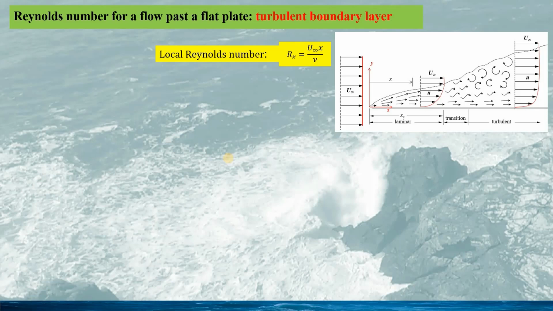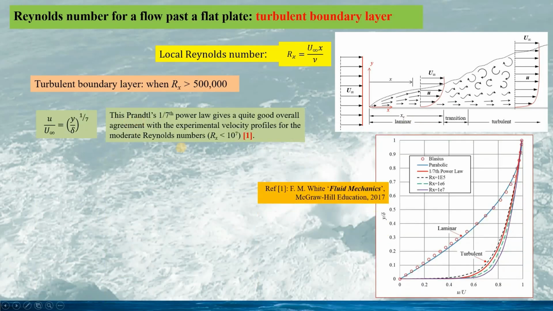So in the problem of uniform flow past the flat plate, when the local Reynolds number Rx is larger than 500,000, the boundary layer would become turbulent. In such a case, Prandtl's 1/7 power law would be used for describing the turbulent boundary layer.